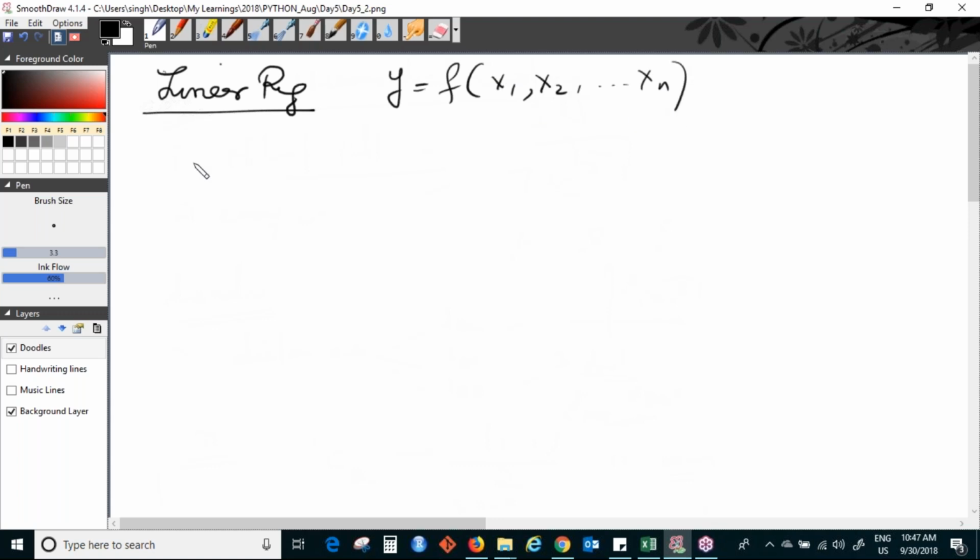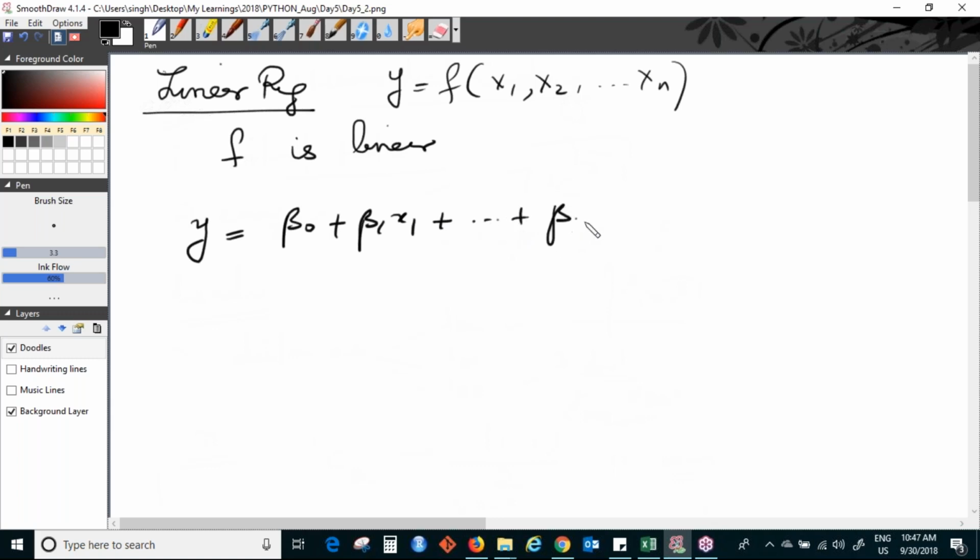In case of linear regression particularly, we assume that the relationship is linear, that f is linear in structure. So we assume that the relationship is beta naught plus beta 1 x1 plus beta n xn. This is the relationship that we assume.